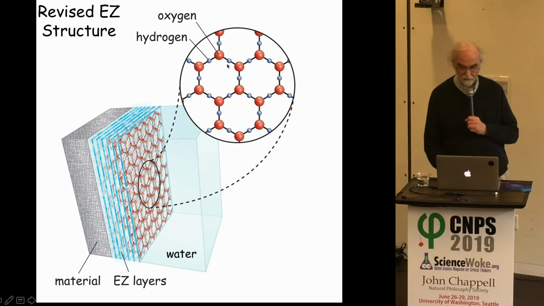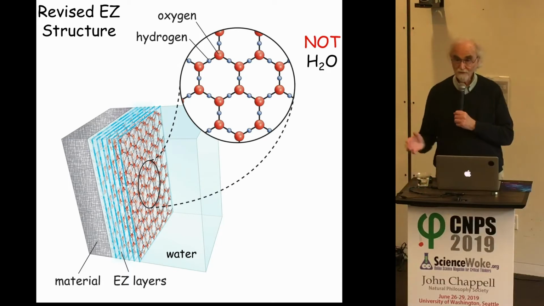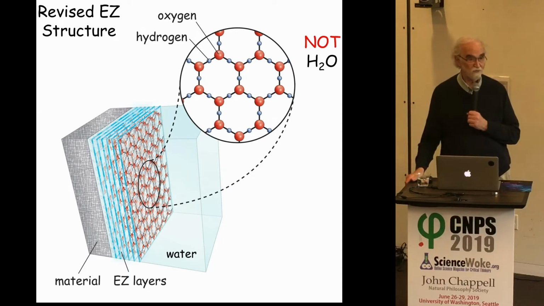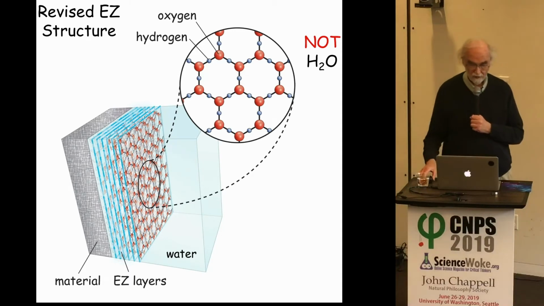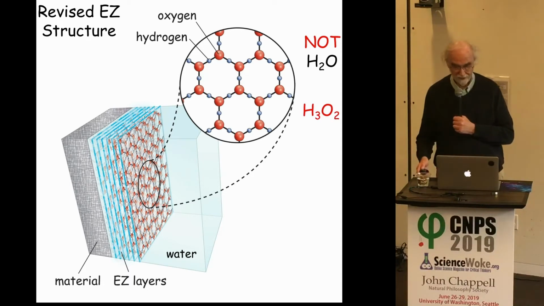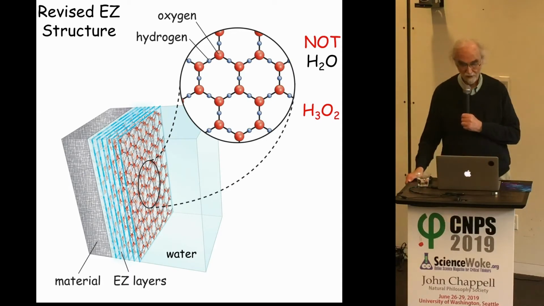And if you were to take a unit cell and count the number of hydrogens and oxygens, it doesn't turn out to be H2O. And nor would you expect it to be H2O, because H2O is neutral. This is not neutral, it's negatively charged. And what we found, if we do the counting, is actually H3O2.